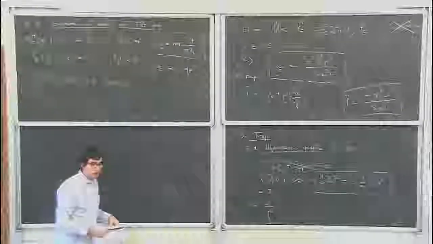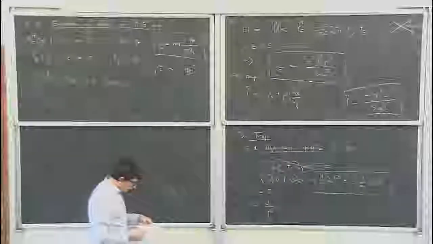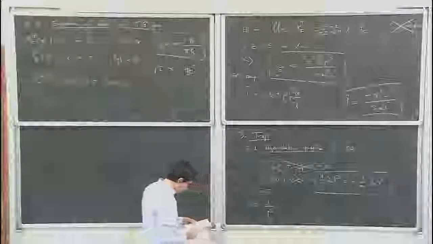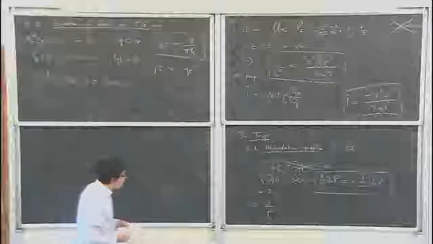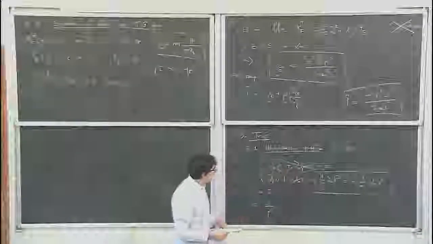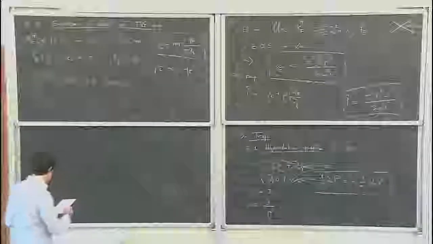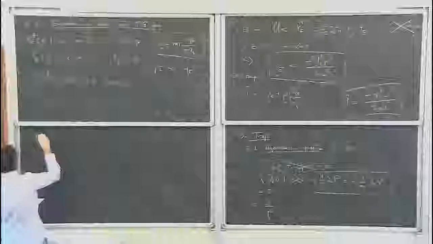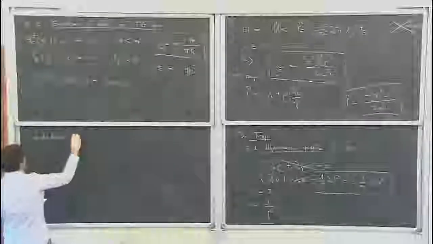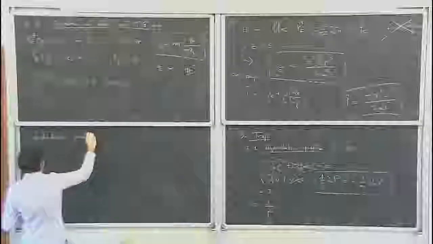Any other questions? Okay, so let me just finish this and then we can take the break. I won't solve this for you. You can do it as an exercise, but the answer is very easy. The hydrostatic profile reads like this.